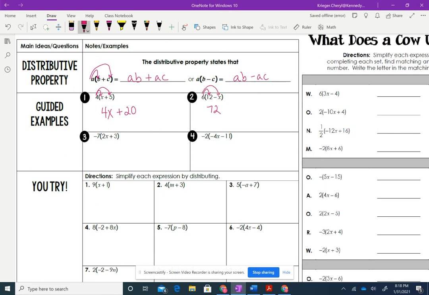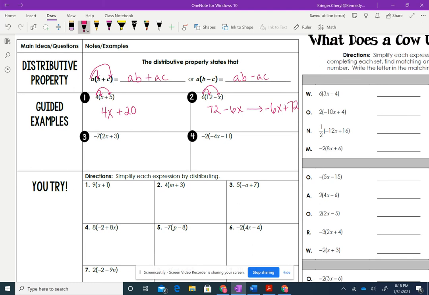It's actually 6 times negative x, which is negative 6x. Okay, and we know that in math we like the variable first. So I'll go ahead and switch this around so that it says negative 6x plus 72. Okay, but both answers are correct.